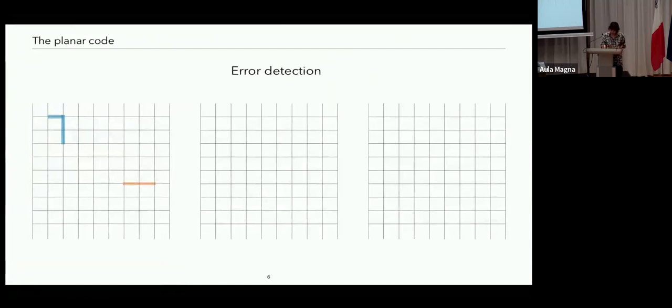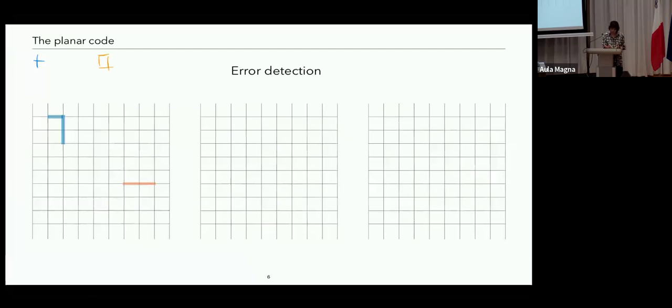So let's suppose that I have an X error here, and we have a bunch of operators that we can measure to detect errors. So the operators were the blue vertex operator or the orange faces operator.